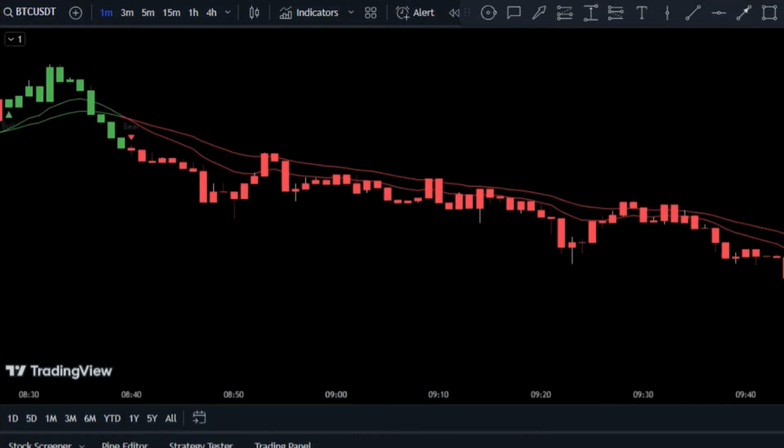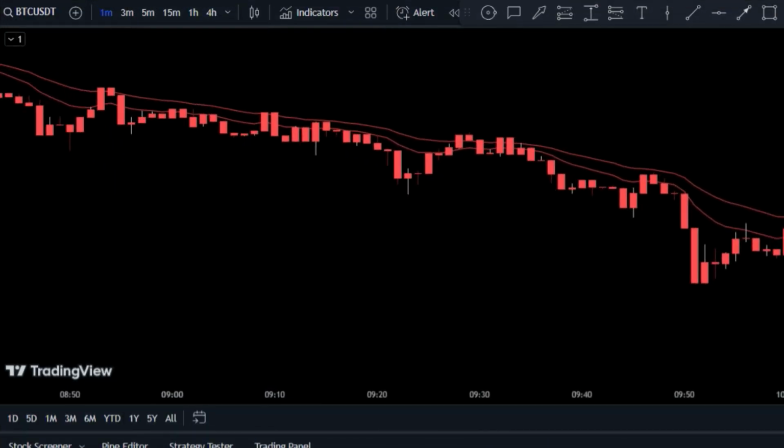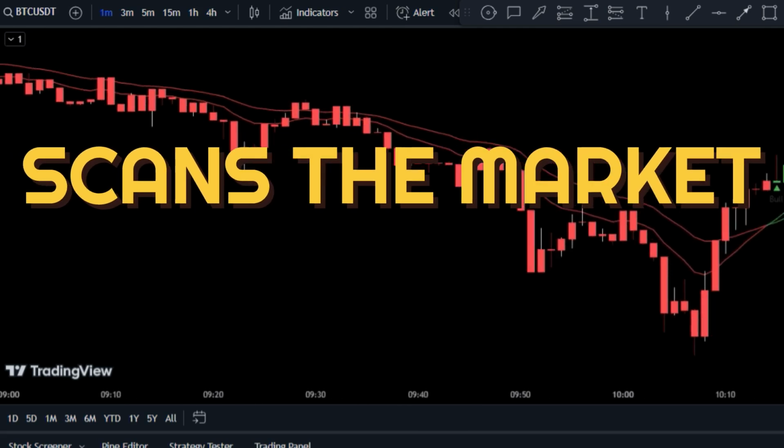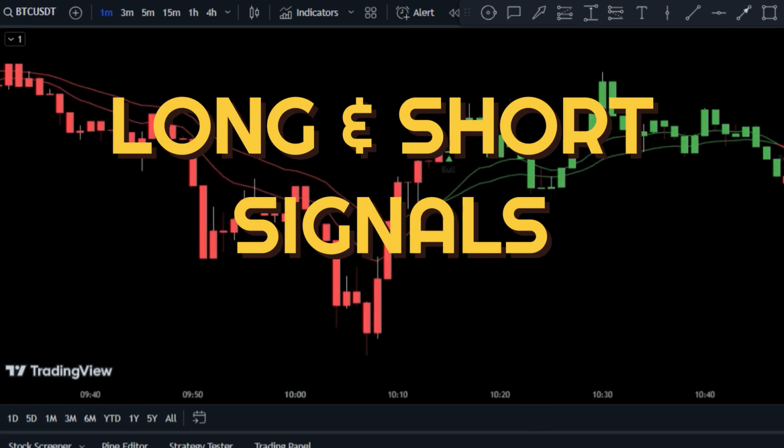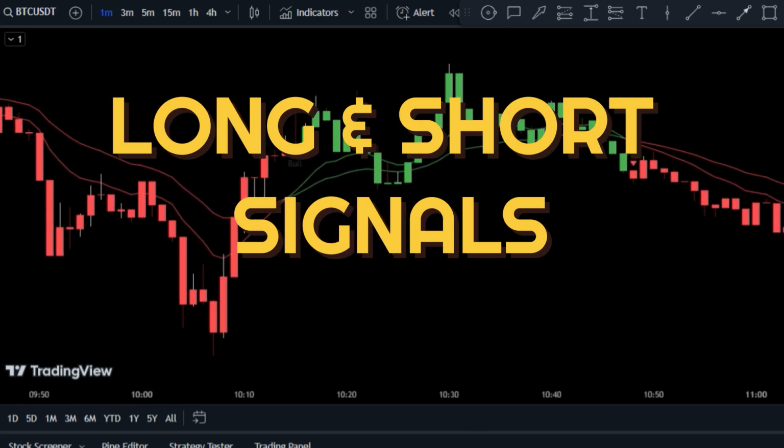This remarkable tool streamlines your trading by automatically scanning the market. Additionally, it offers long and short signals, providing you with valuable insights to inform your trading decisions.